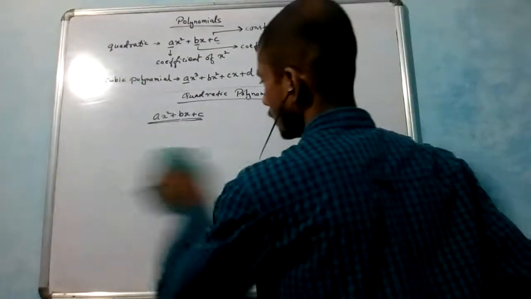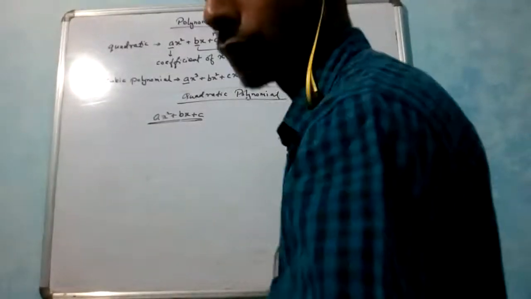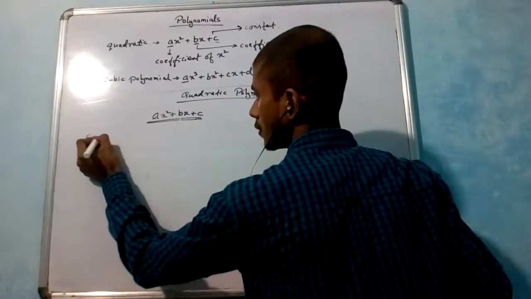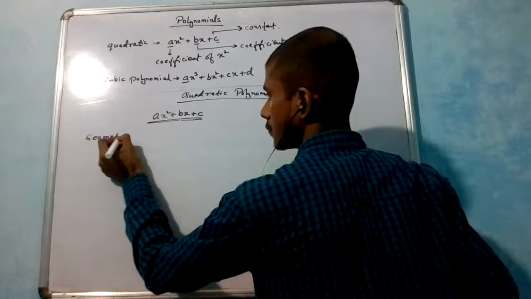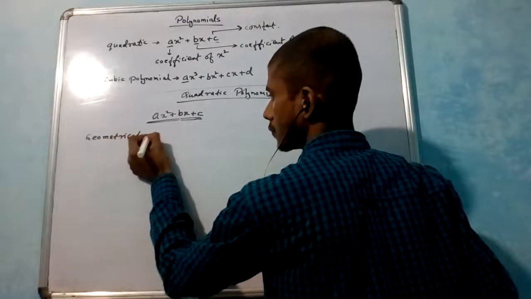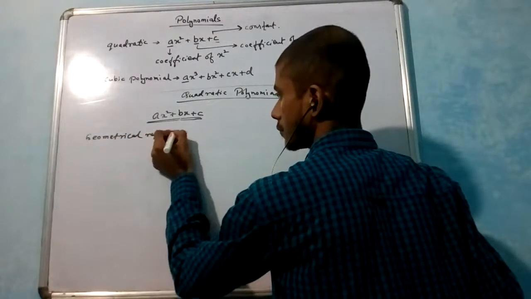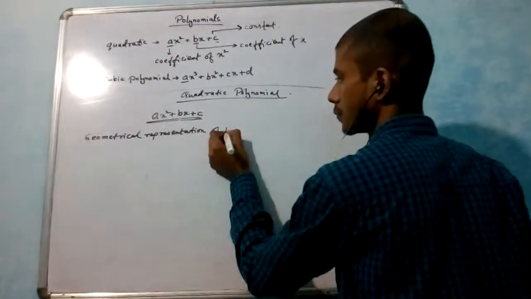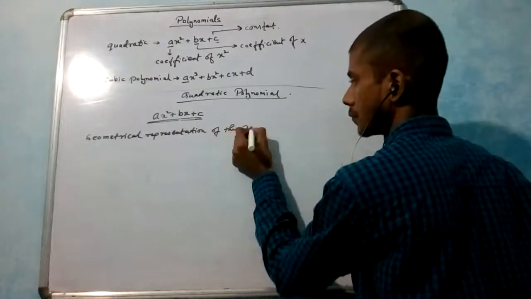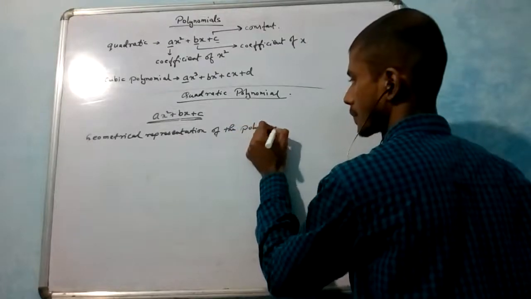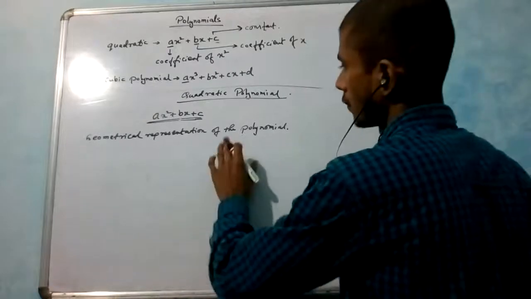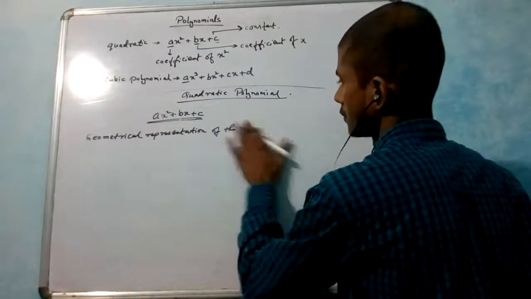Geometrical representation of this polynomial, or of the zeros of the polynomial.